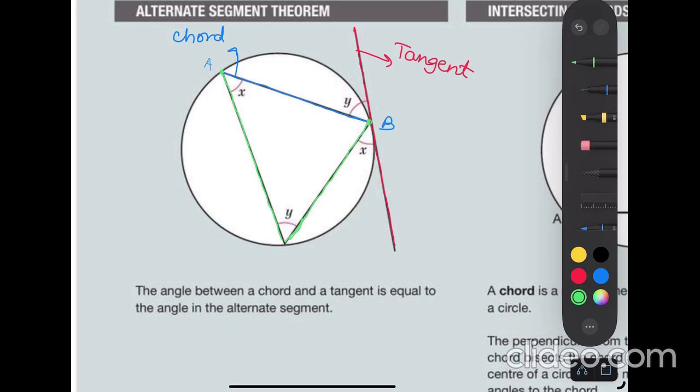So the angle formed between the tangent and the chord is equal to the angle formed in the alternate segment.